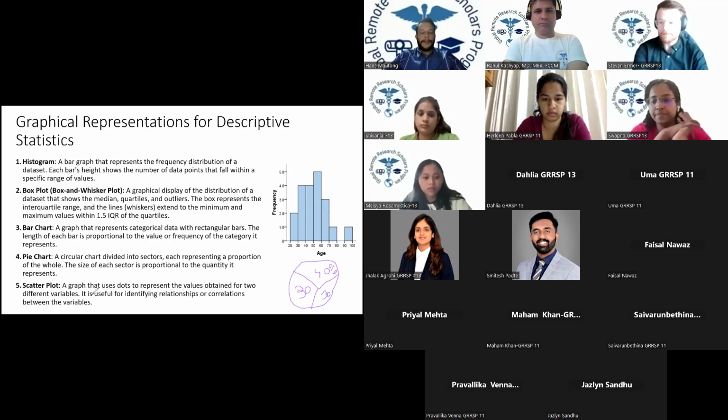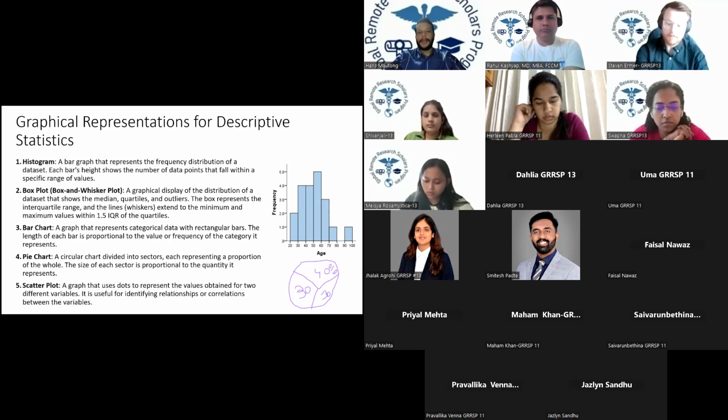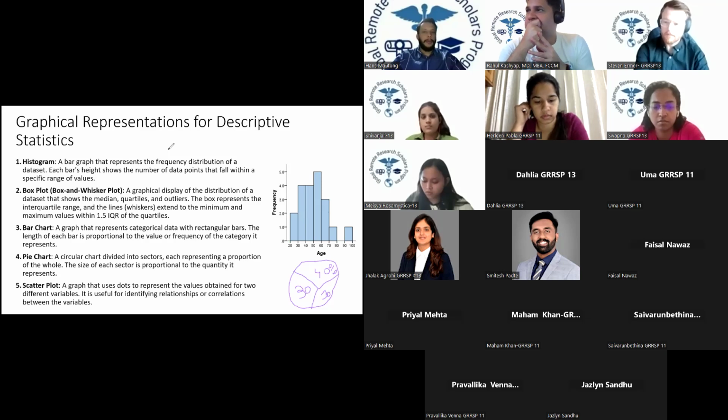A scatter plot is basically another type of graphic that helps you to understand what's happening when you have two continuous variables. Like, for example, when you're doing a correlation between uric acid levels and glucose levels, you will probably run a correlation test, and you also would like to build a scatter plot, and we will basically see that in a second.